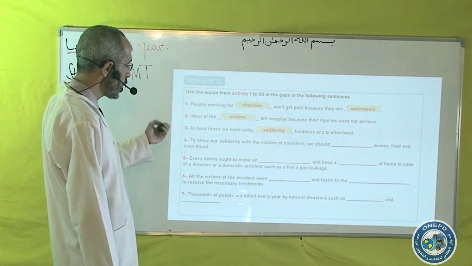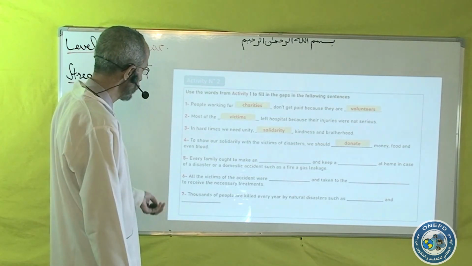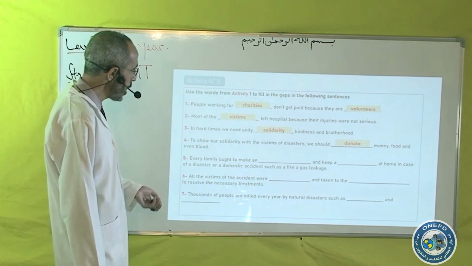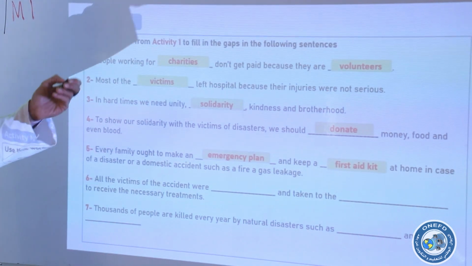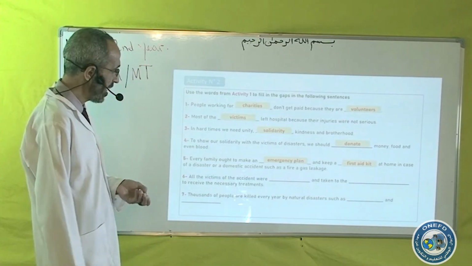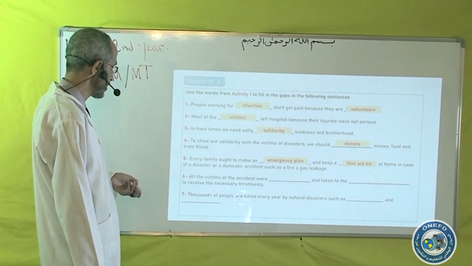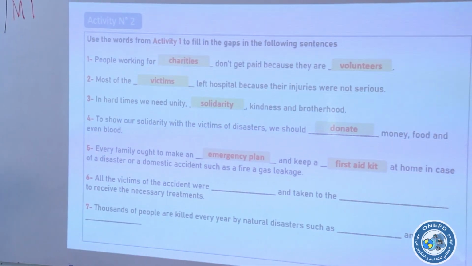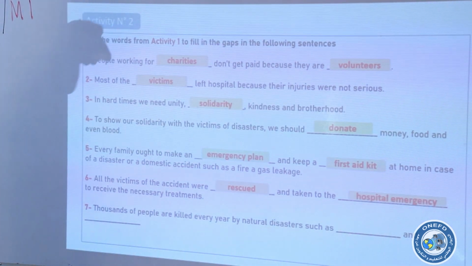Number 4, to show our solidarity with the victims of disasters, we should donate money, food, and even blood. 5, every family ought to make an emergency plan and keep a first aid kit at home in case of a disaster or a domestic accident such as a fire or a gas leakage. 6, all the victims of the accidents were rescued and taken to the hospital emergency to receive the necessary treatments.